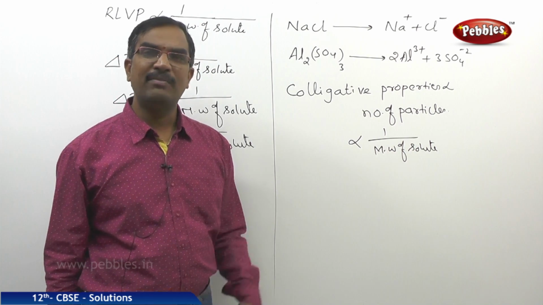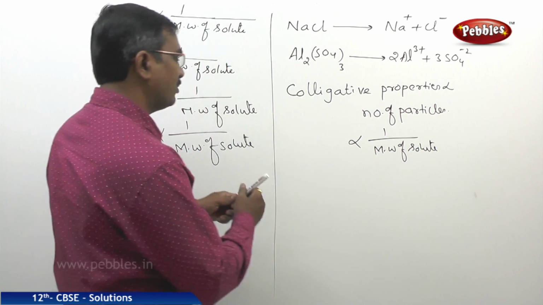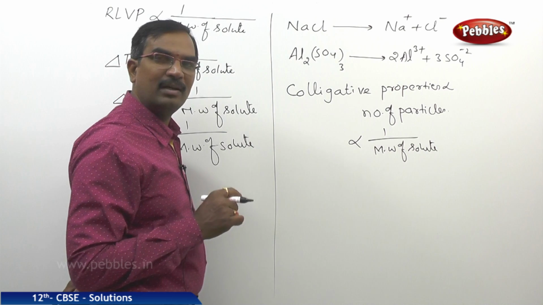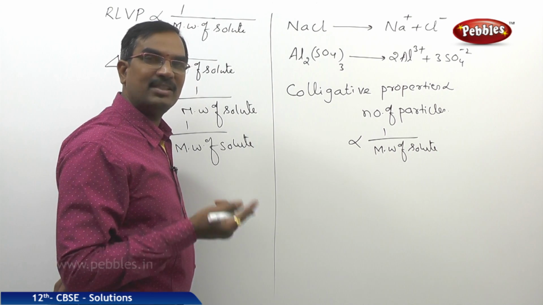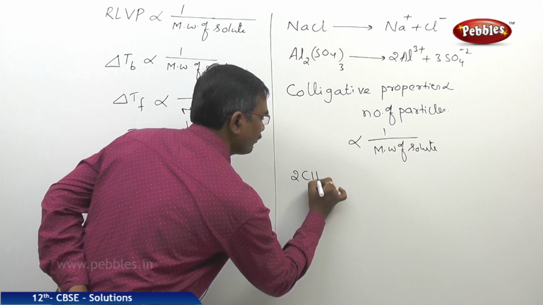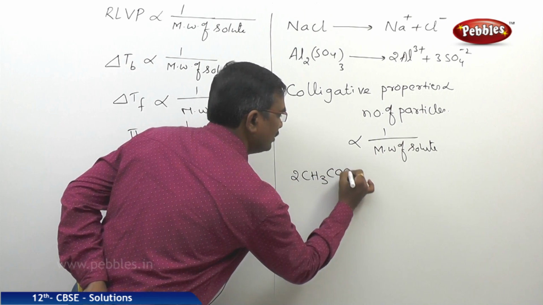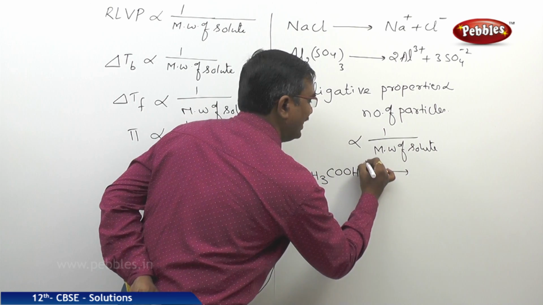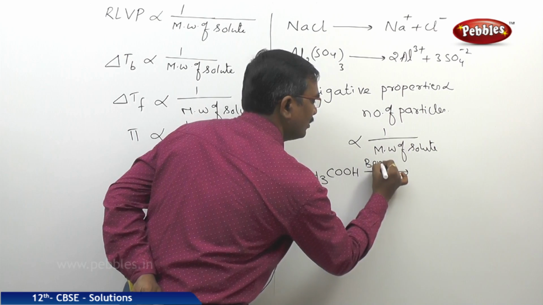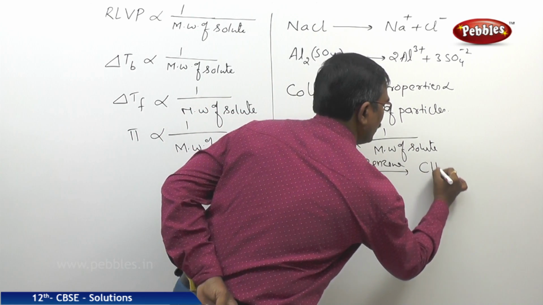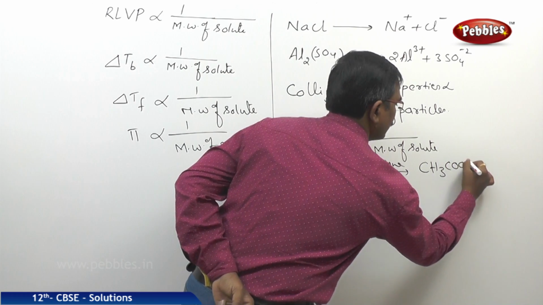At the same time, if you come across acetic acid like molecules, it is observed that in benzene solvent, acetic acid undergoes dimerization. That means 2 moles of acetic acid, CH3COOH, in the presence of benzene as solvent, will undergo dimerization.